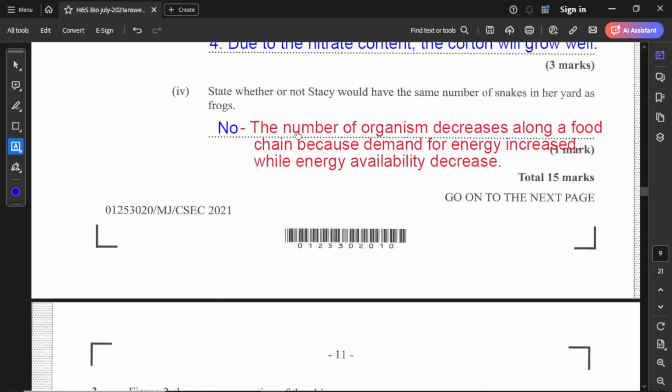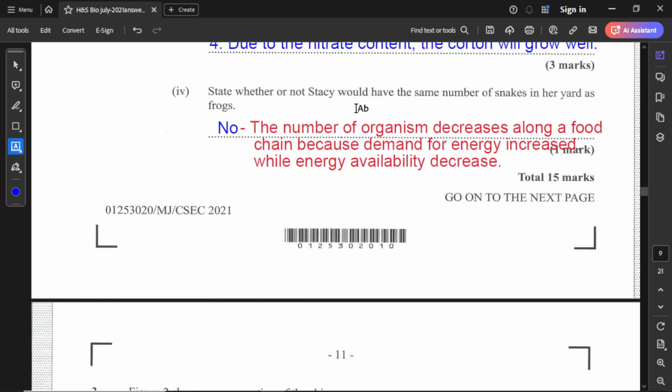Now for part 4, state whether or not Stacy would have the same number of snakes in her yard as frogs, and the answer is definitely no, because simply the number of organisms decreases along a food chain. And the reason why the number decreases is because there's a greater demand for energy as well. And of course, the availability of energy also decreases along the food chain.